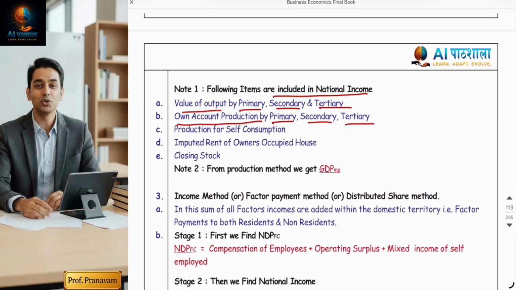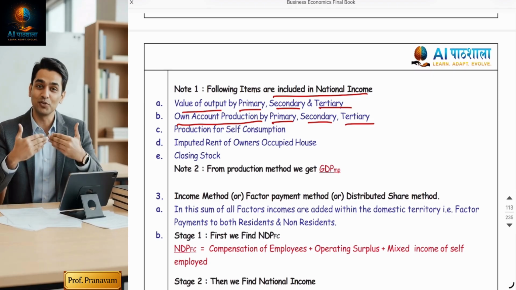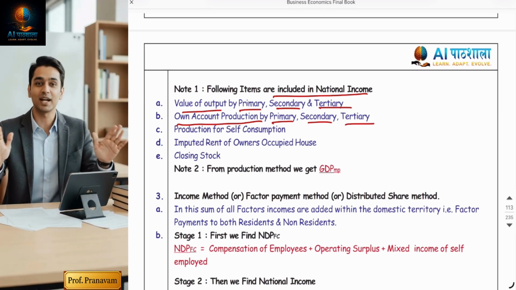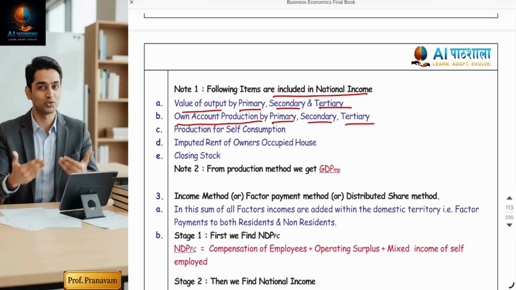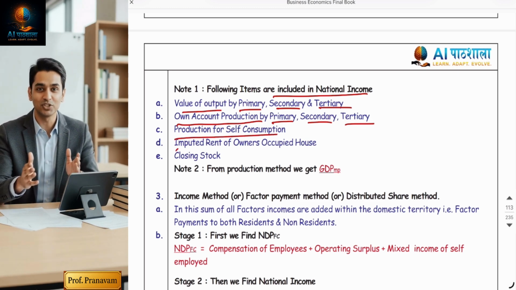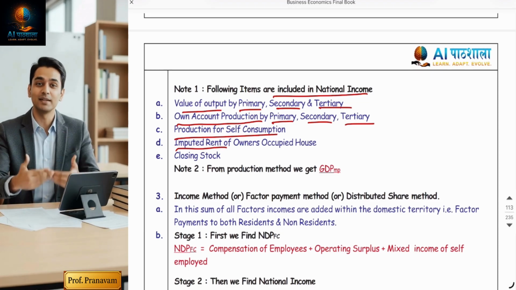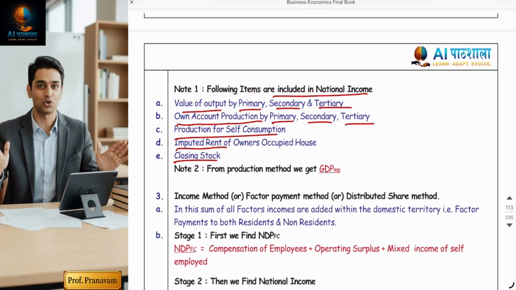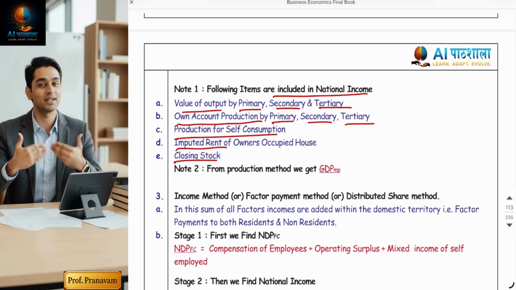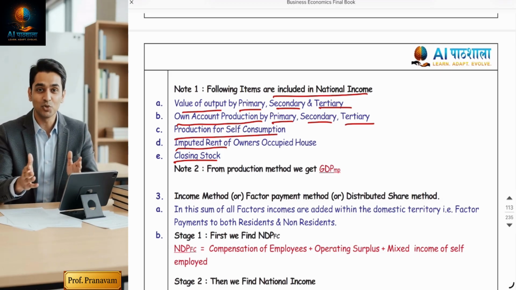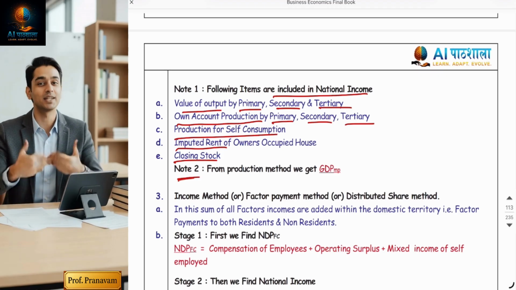Own account production means production made for self-consumption. Imputed rent, that is, rent which could be earned, an opportunity cost, and closing stock should also be added. So the following items should always be included in the formula. Note 2 is just for MCQ purposes.